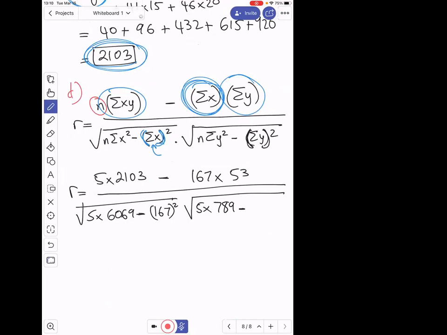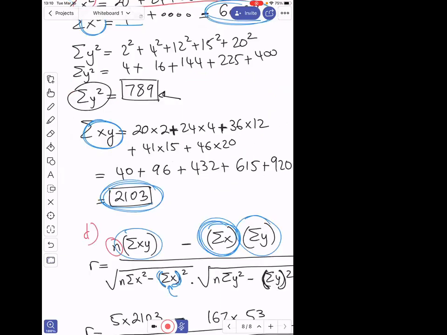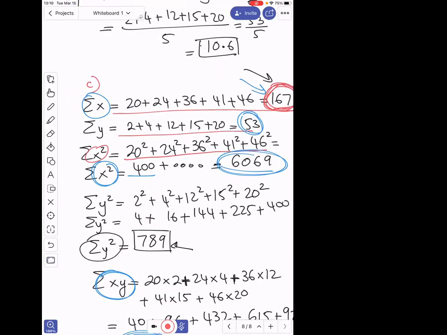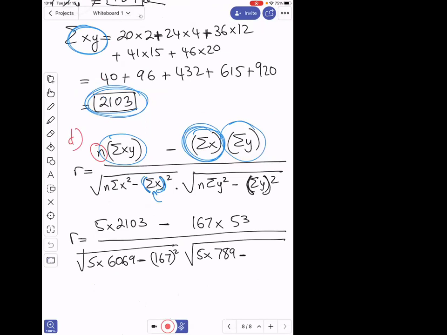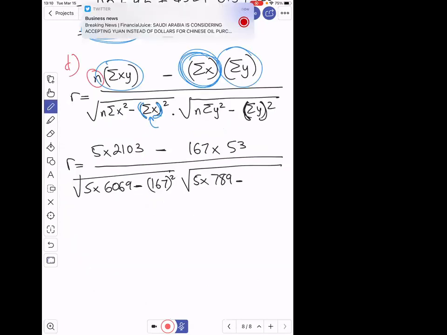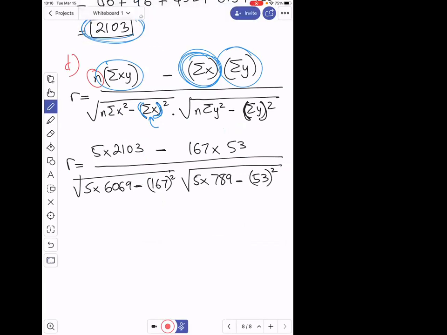Inside the parentheses is the sum of the y's, which is 53, and then there is a square outside. Just be careful, guys, when you plug the numbers. This is, I guess, the confusing step, so just be careful.